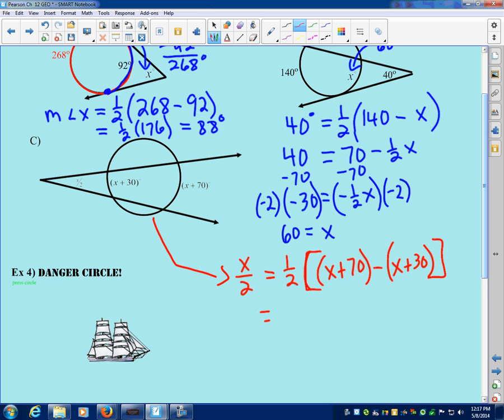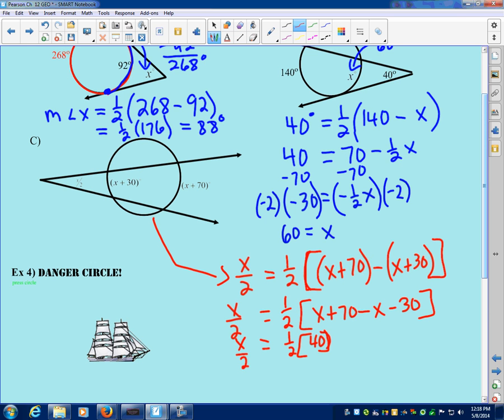So it looks like this: 1/2 x plus 70 minus x minus 30. On the left-hand side, I have x over 2. So look what happens to the x's here. They cancel out. So I have 1/2 of 70 minus 30 is 40.